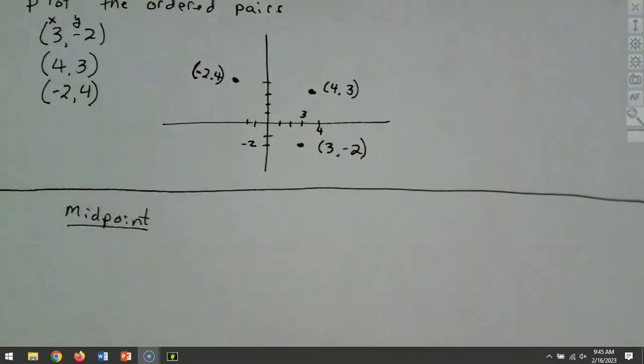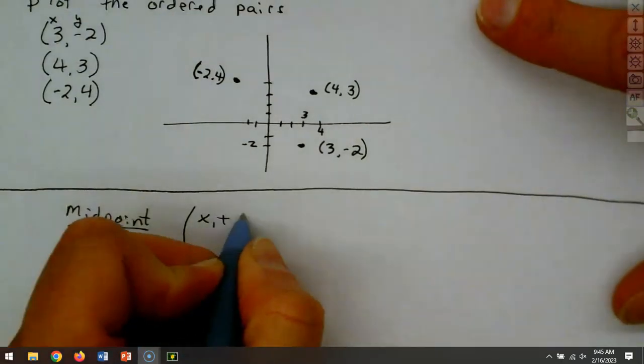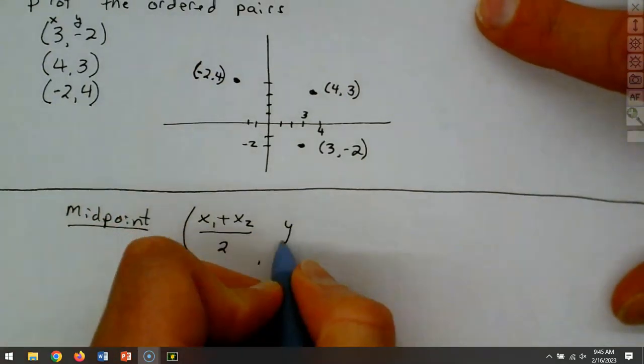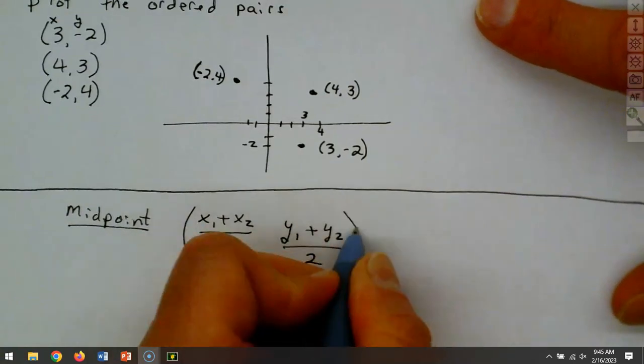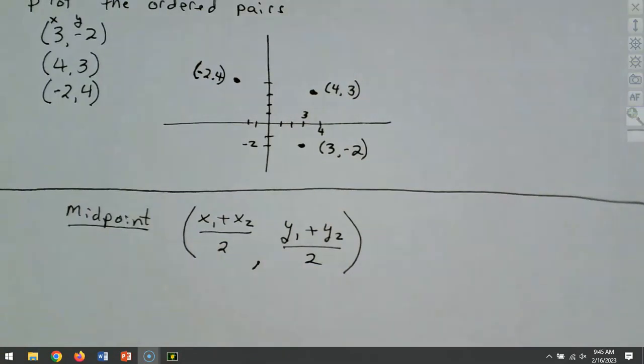Okay, so our midpoint formula is easy. Midpoint formula is just an average. And the midpoint formula is x1 plus x2 over 2, comma, y1 plus y2 over 2. That is going to be our midpoint formula.